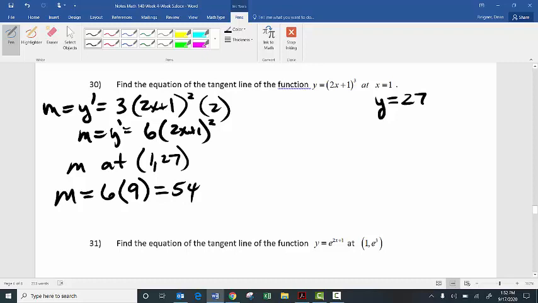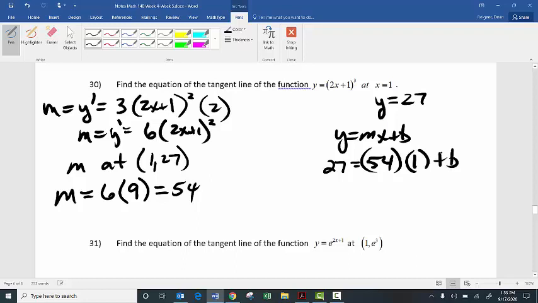Then to figure out your b, you plug in your slope and you plug in your point. So the y is 27. The slope is 54, if I did that correctly, and your x is 1, plus b.